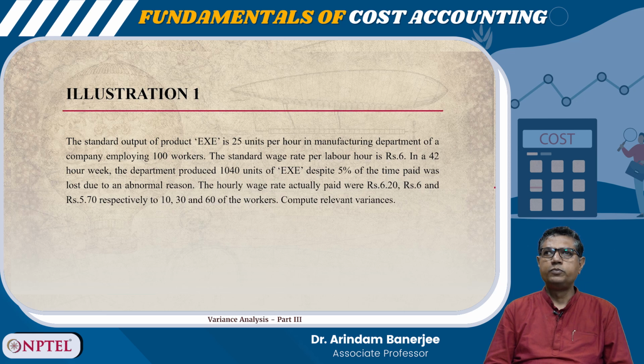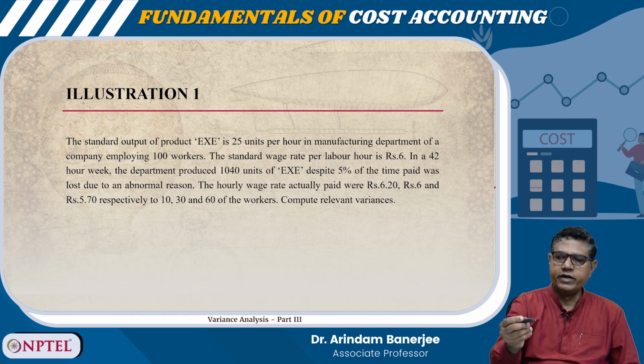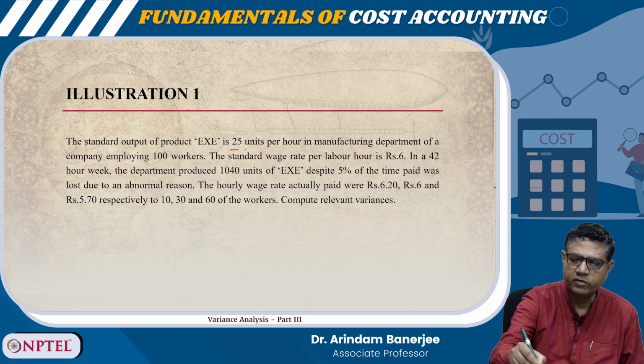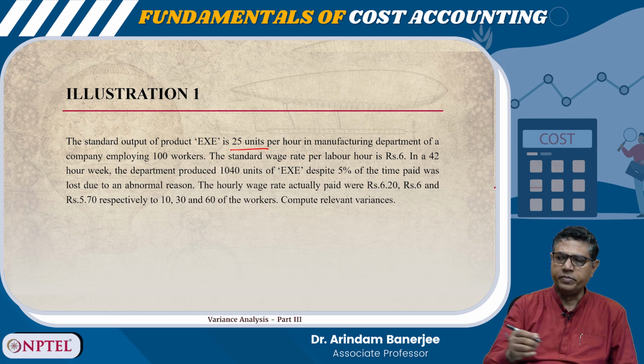The standard output of product EXC is 25 units per hour, in the manufacturing department of a company employing 100 workers. The standard wage rate per labor hour is rupees 6.